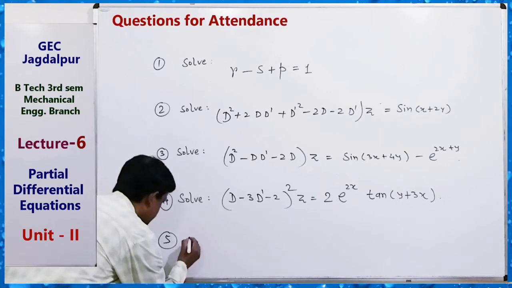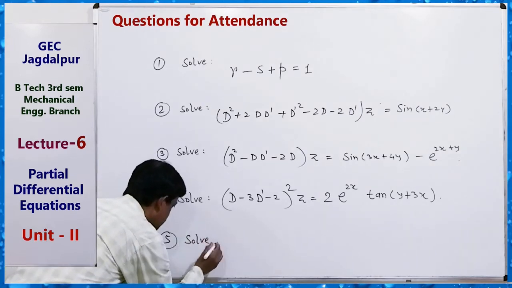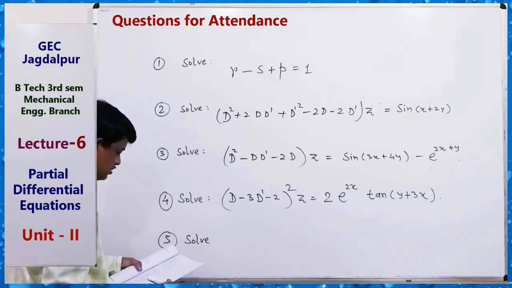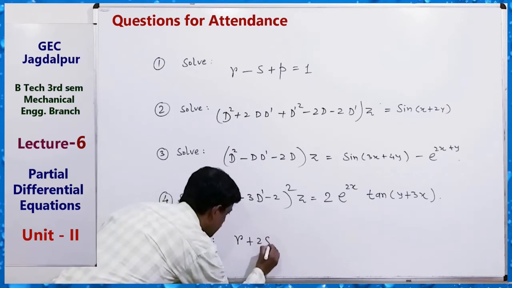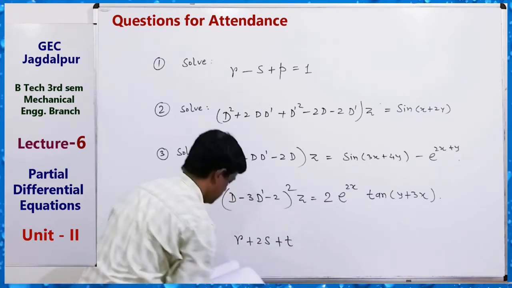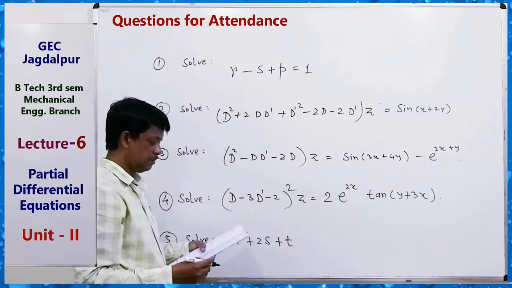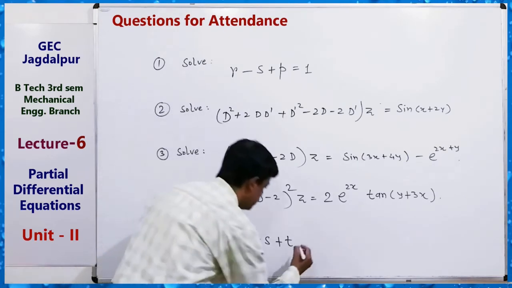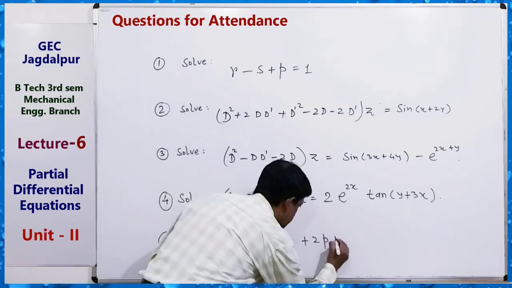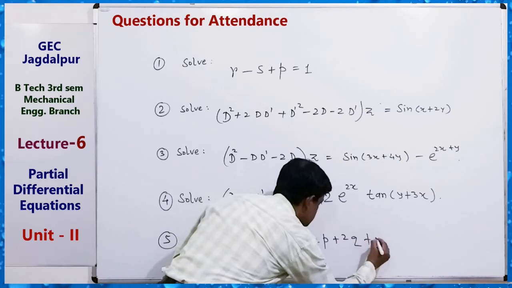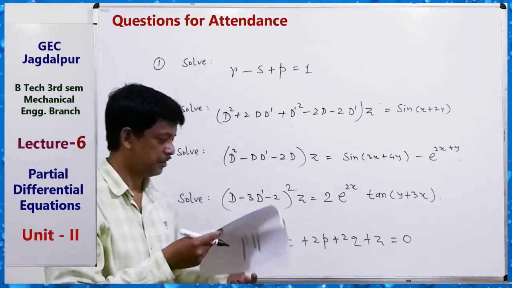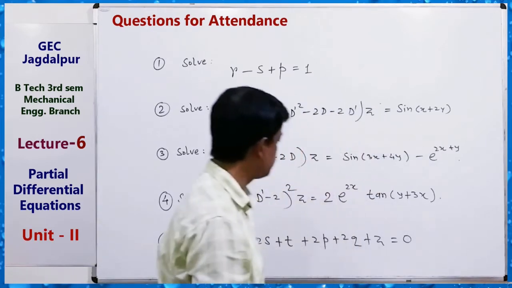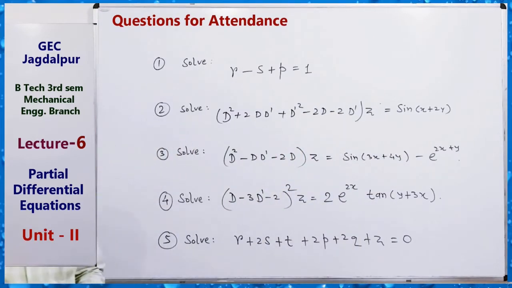Solve r plus 2s plus t plus 2p plus 2q plus z equals 0. Okay, these 5 questions you have to solve.